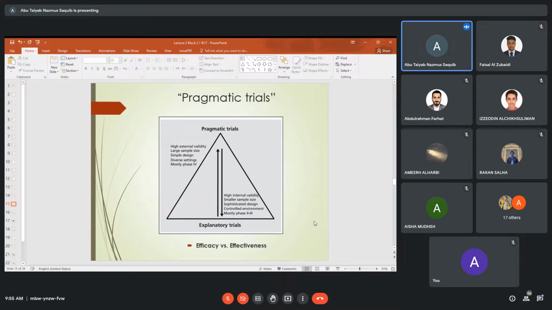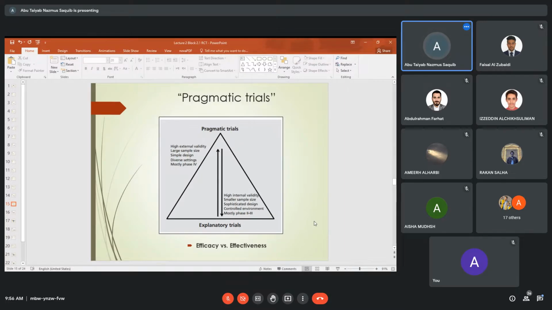As I was talking about the pragmatic trial, this is a term you may encounter, so you should know it. A pragmatic trial is, as I was telling, that in an experiment, if you only focus on the people who completed the study, that will be an efficacy trial.